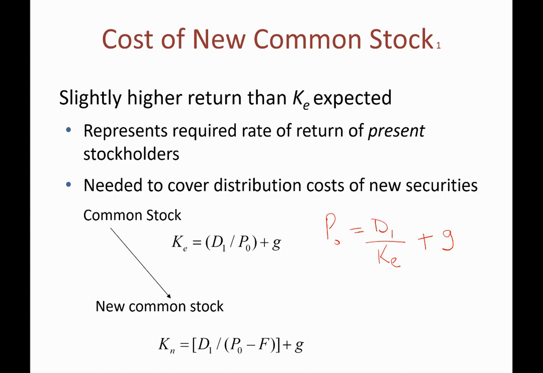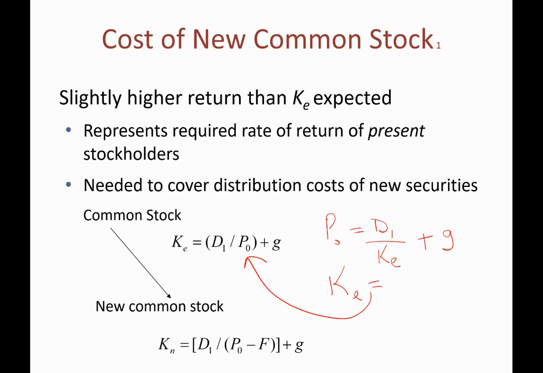In this case, we are not looking at current price; we are more interested in K E. And therefore K E is going to be D1, the dividends paid in year one, divided by the current price, plus G.